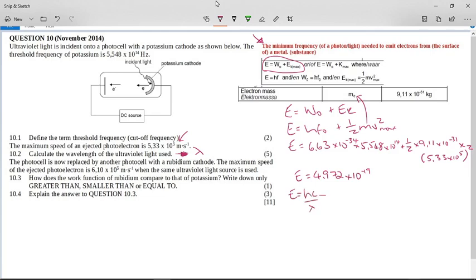So we know that E equals hf, but we also know from the waves, light and sound that E equals hc over lambda. So we can say 4,972 times 10 to the negative 19, that's the total energy that we input, is equal to Planck's constant, which is the h, 6,63 times 10 to the negative 34, and this is electromagnetic radiation, so this is 3 times 10 to the 8 over lambda.